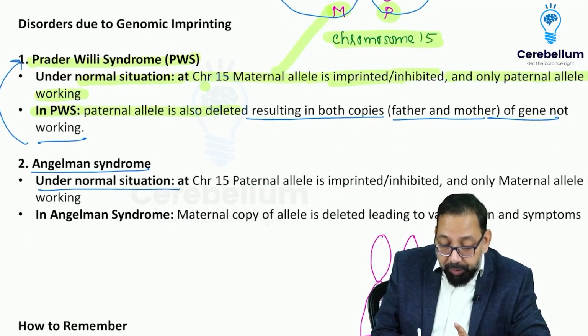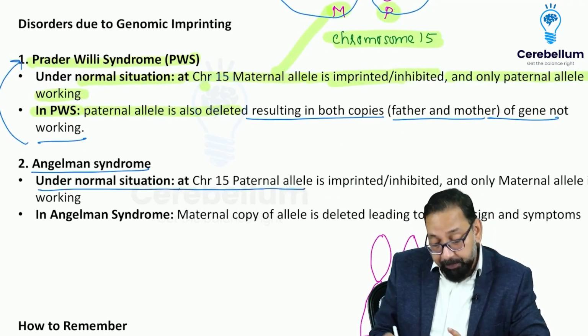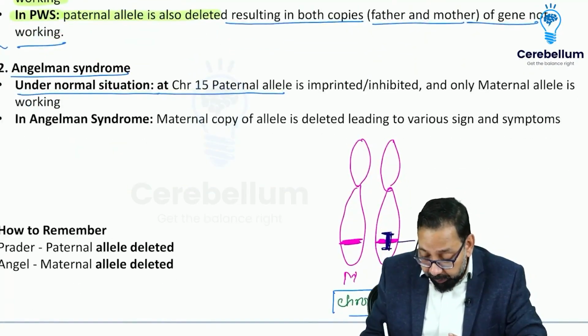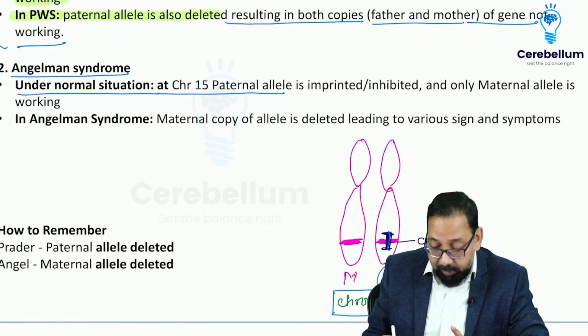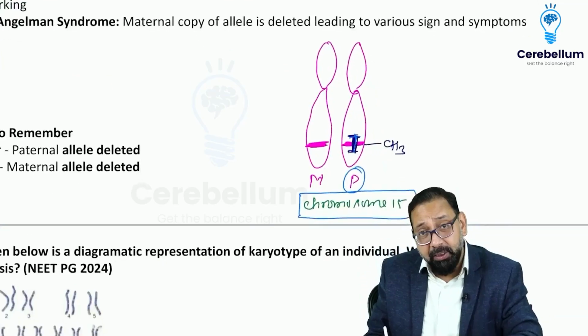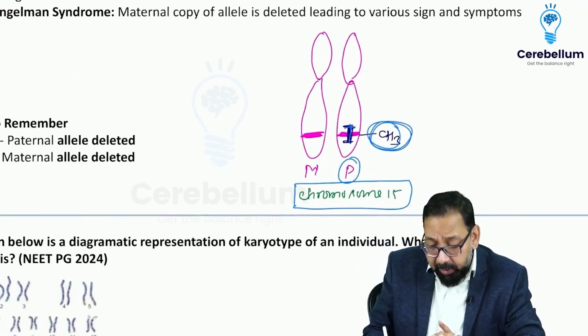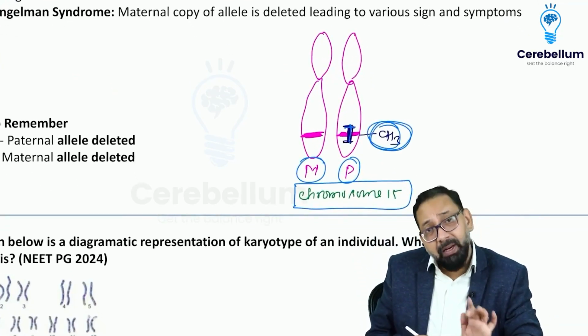What is Angelman syndrome? Under the normal situation at chromosome 15, this is the paternal allele. Another gene I have taken, this paternal allele is imprinted. Now the mother allele is working.